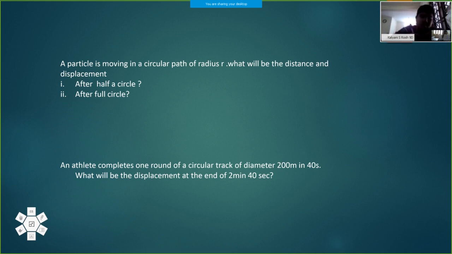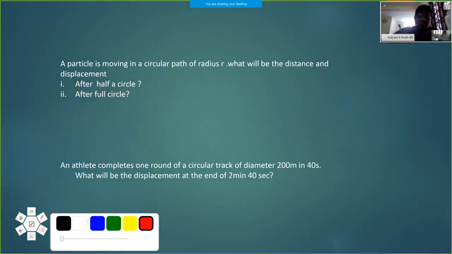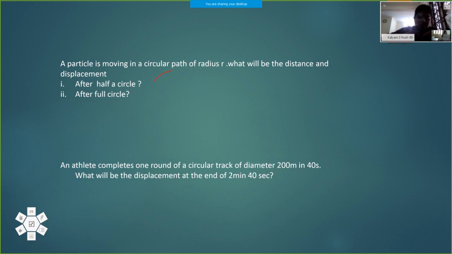So first we can draw the movement of that object in a circular path.